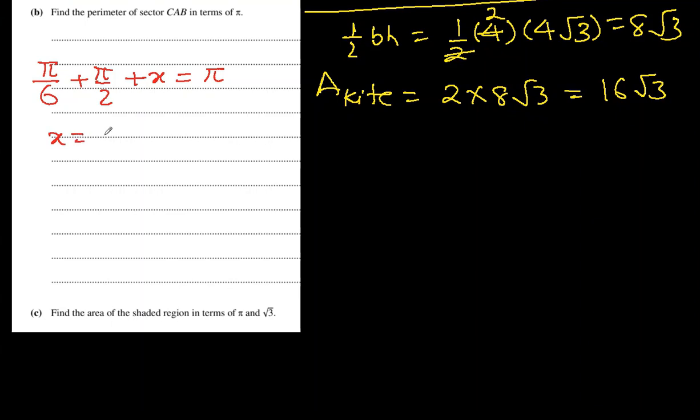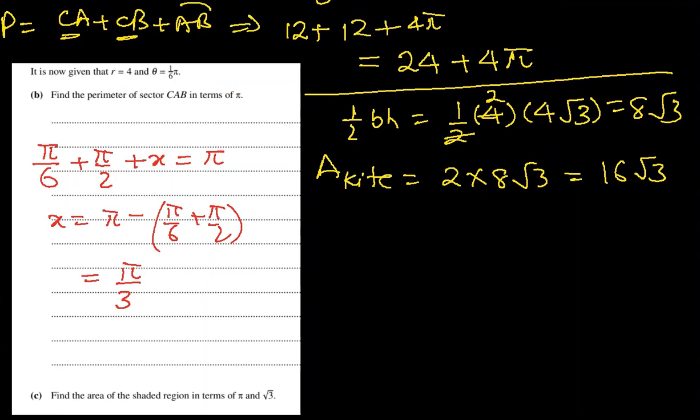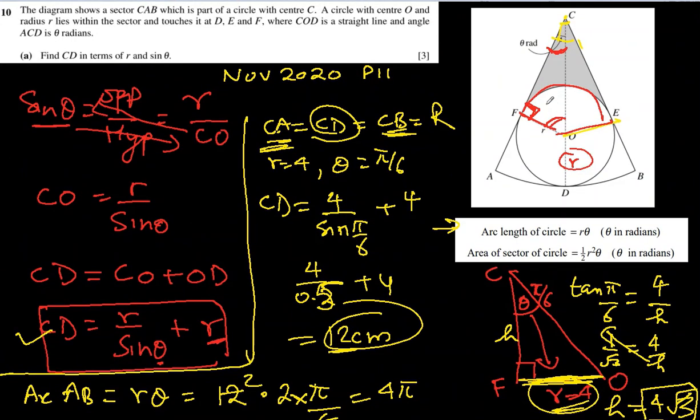So x equal to pi minus pi by 6 plus pi by 2. And if you use your calculator, you will get it as pi by 3. So we got angle as pi by 3. So this is also pi by 3, the second one. So total angle for the sector we were trying to find out the area of is 2 pi by 3.